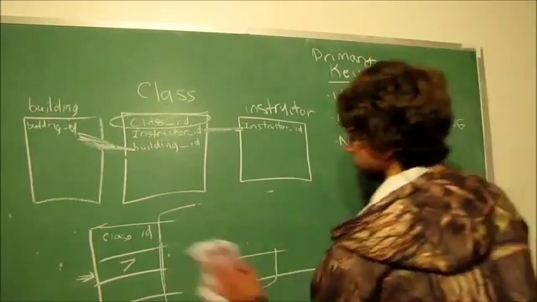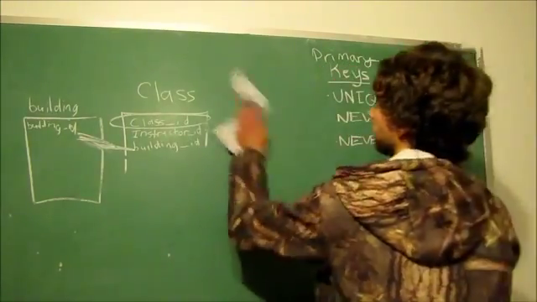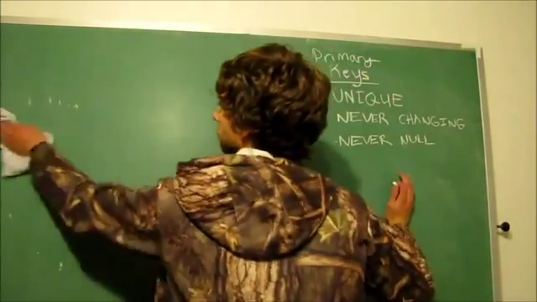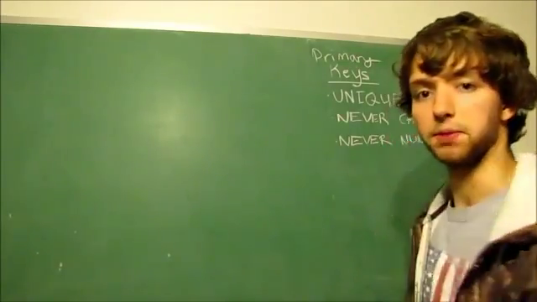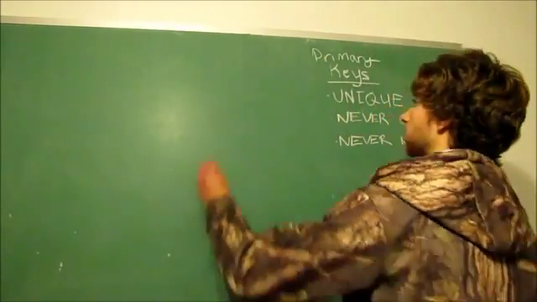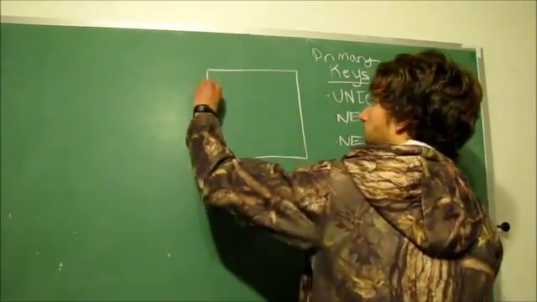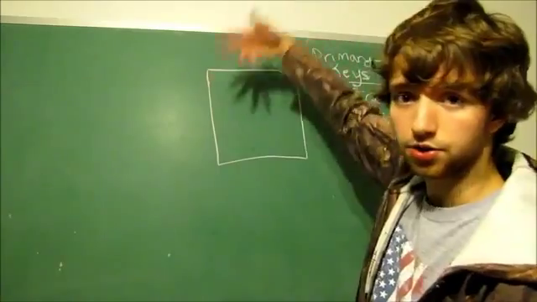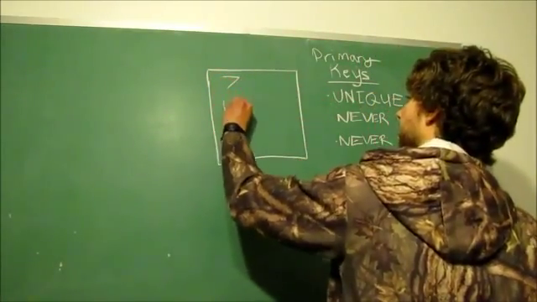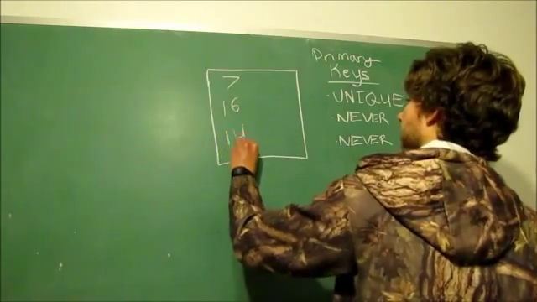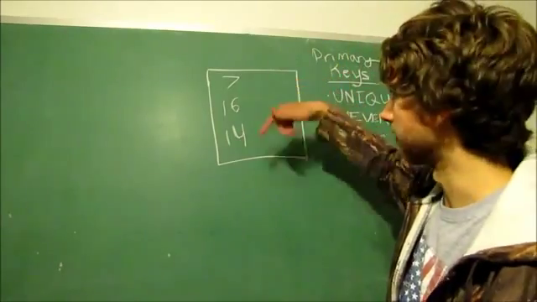Let me clear this out, kind of draw it out a different way. Let's take a look at the building table. Okay, so let's just draw a little square just to represent it. And let's say within this table, we're not going to structure the columns or anything. We're just going to say we have the buildings 7, 16, and 14. So these are 3 separate buildings, and we could have names for the buildings and all kinds of other things.